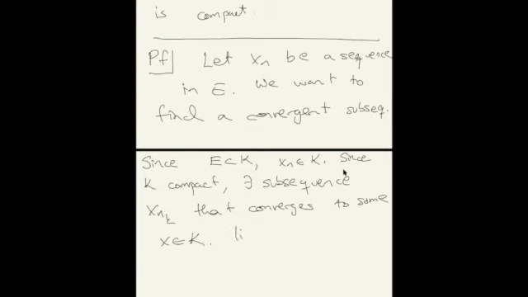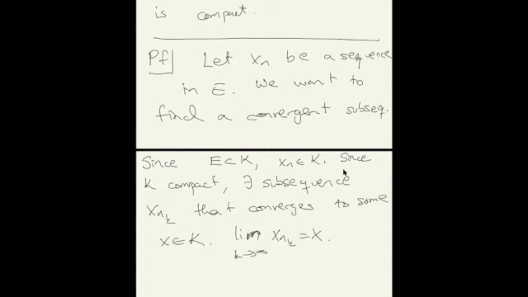So that is that limit as k goes to infinity of x_{n_k} is equal to x. Okay, so by choosing some of the elements, we get something converging.